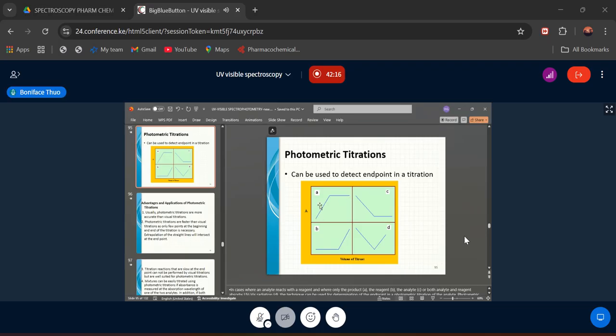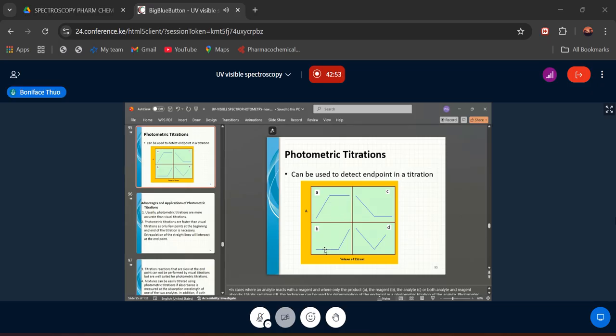What this is telling us is that at the beginning, there is minimal absorbance. That means the analyte is not absorbing. But as the product between the titrant and the analyte is formed, absorbance increases. So in this case, only the product is absorbing. And then after a maximum, that means the reaction has ended, then there is no further increase in absorbance.